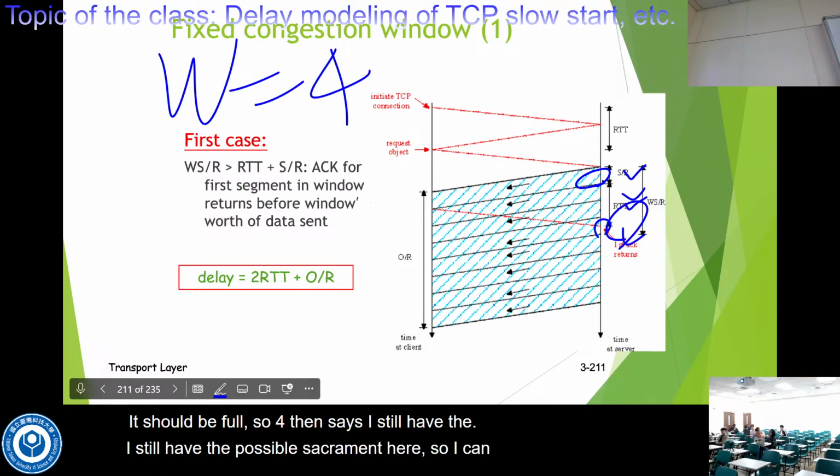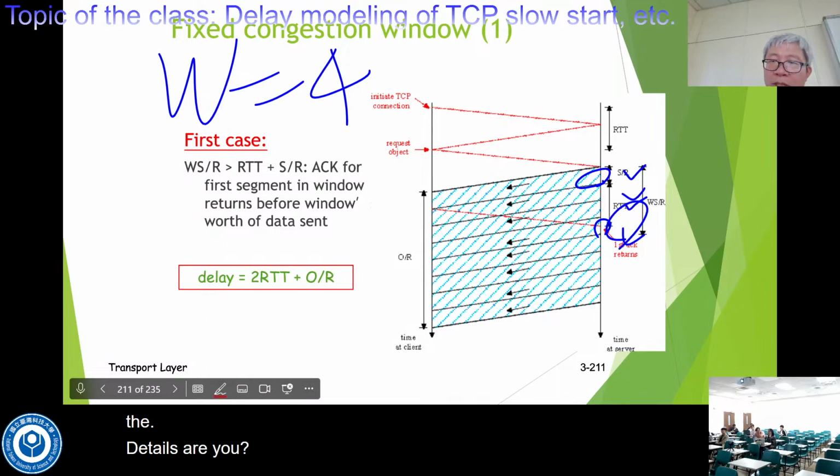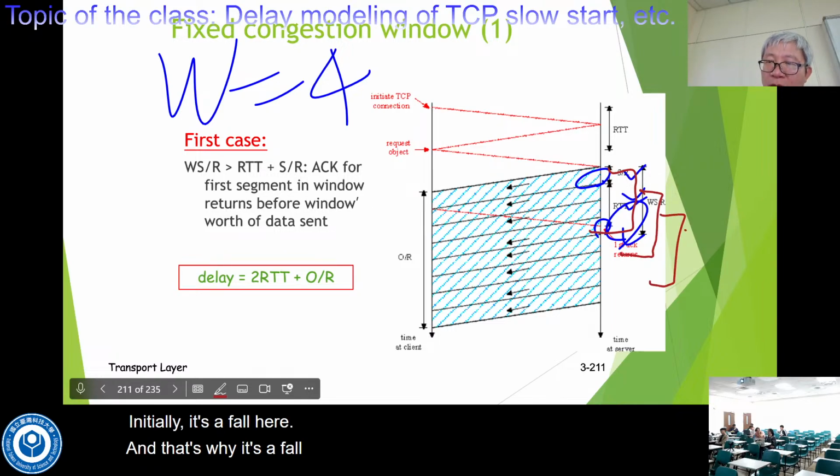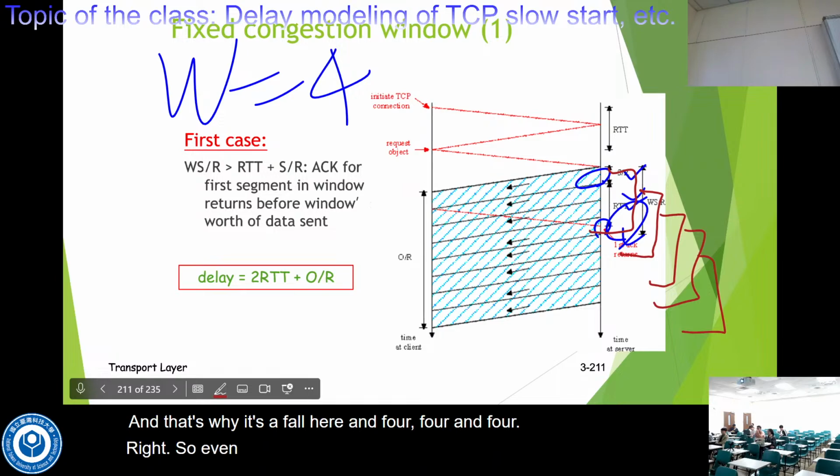Let me give the details for you. Initially it's a 4 here, and next one it's a 4 here, and 4 and 4. Right? So even initially for the 4, we assume a lot of segments to be sent.